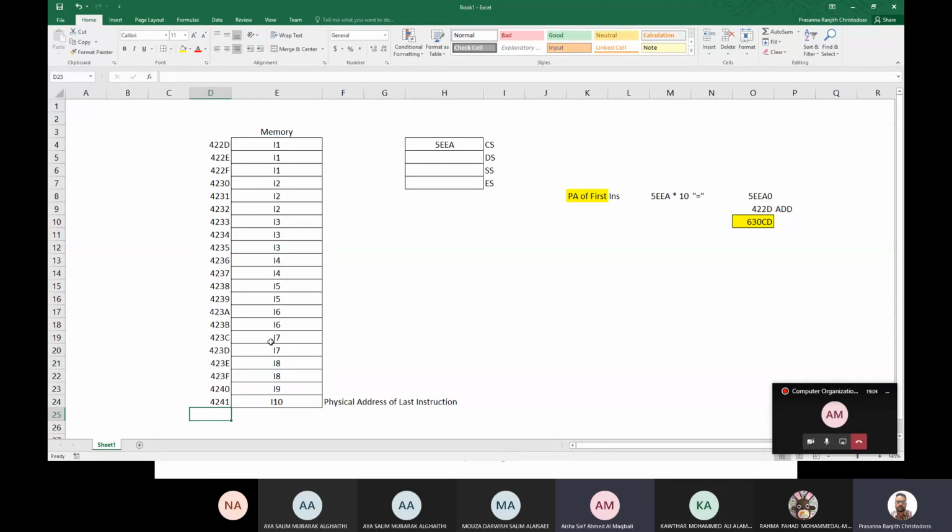Yes. Okay. Now find the address of the last instruction.